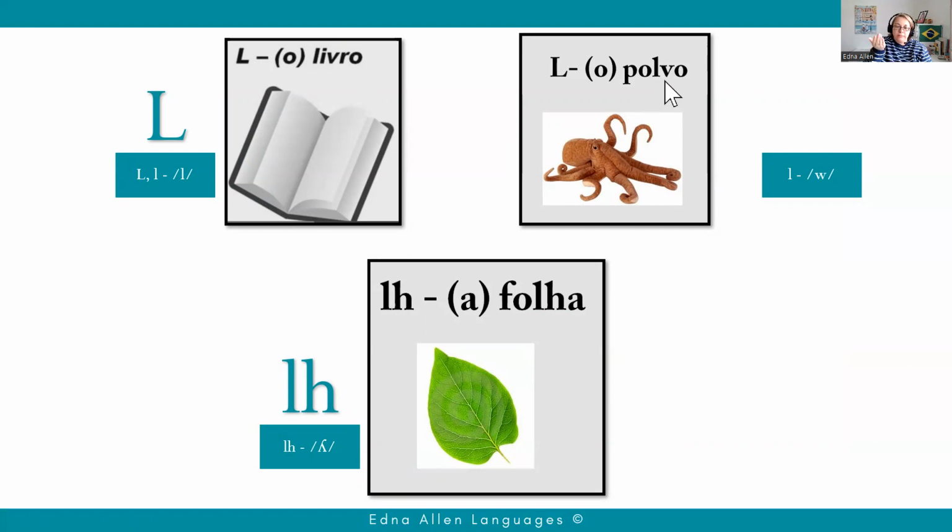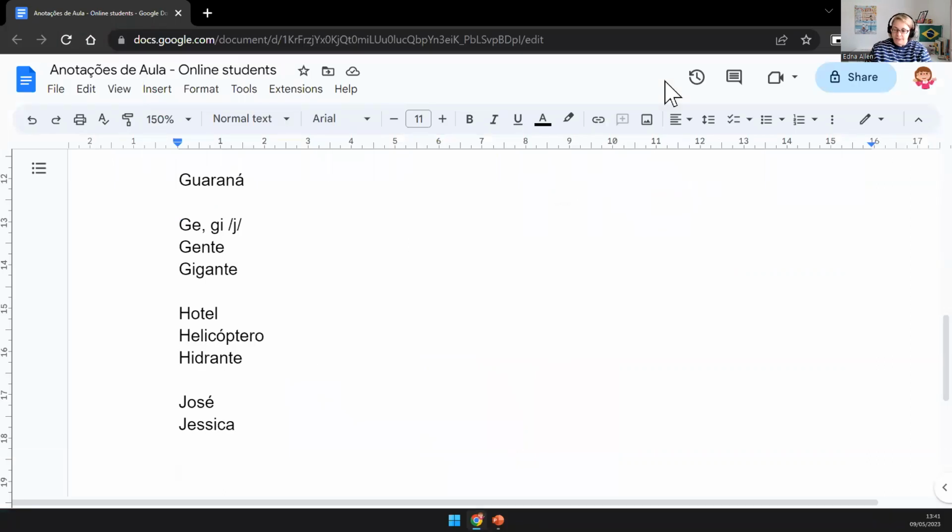The tongue goes a little bit open, a little bit high, but we don't over pronounce it. It almost sounds like a U, as if I was saying polvo, polvo, polvo, né? Polvo, certo?